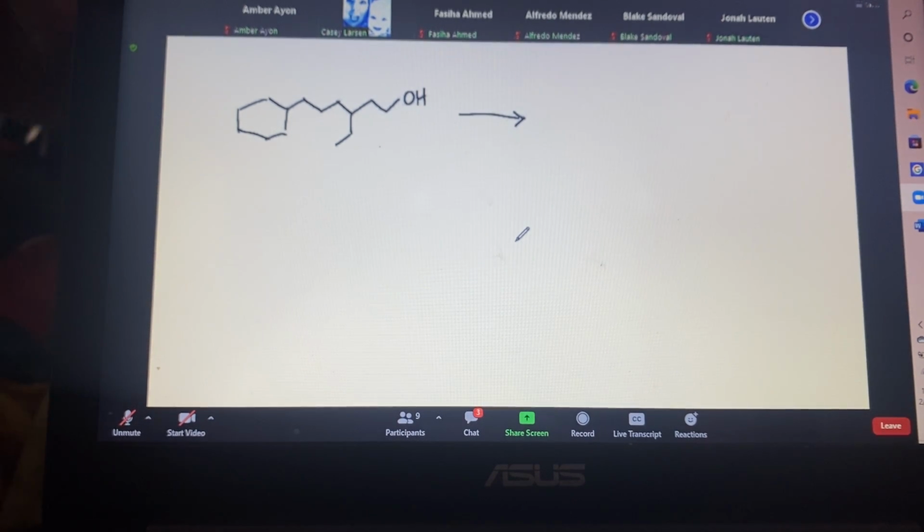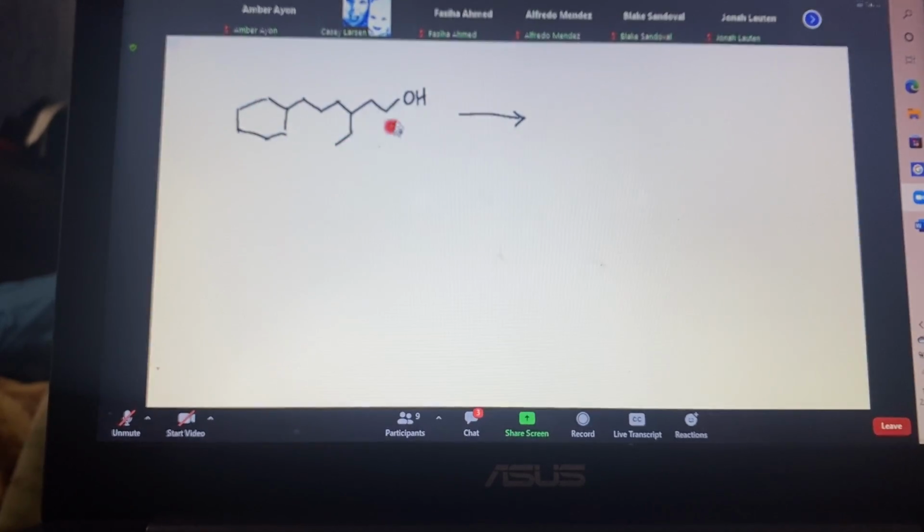Does this molecule scare you? It shouldn't scare you. If you look at this molecule, you can see how the majority of it is nothing but carbon and hydrogens, right? And what we know about carbon and hydrogens is that they're fairly unreactive. So the only site of reactivity is going to be right here, right? That's pretty cool.